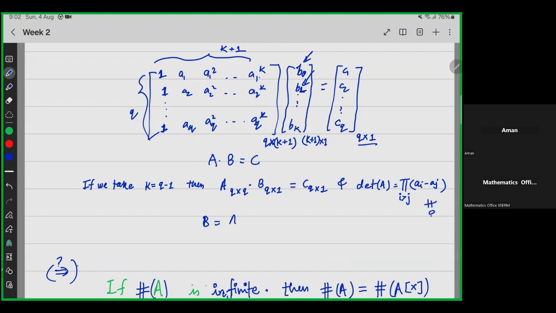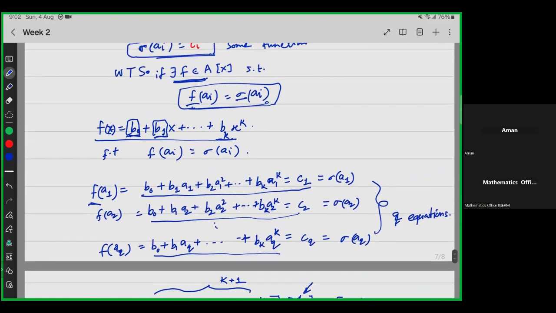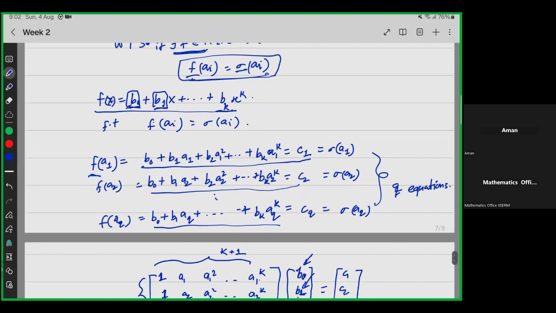B is just A inverse of C. So such a polynomial with coefficients b0, b1, up to bk, we find such coefficients that f of ai is equal to sigma of ai. So sigma is nothing but a polynomial function. Sigma was a random function, and it matches with a polynomial function. So we can say sigma is also a polynomial function on A. Okay, so this is how it is.